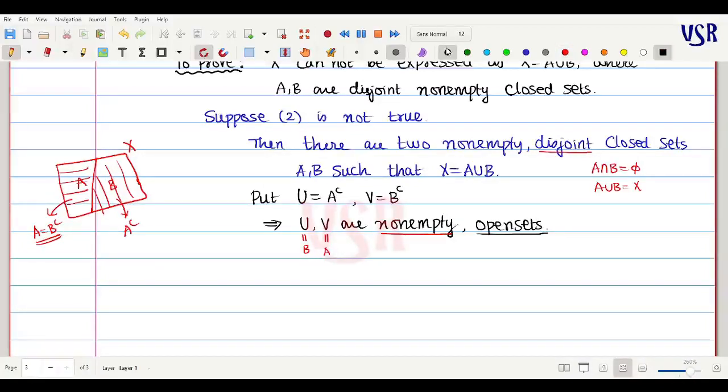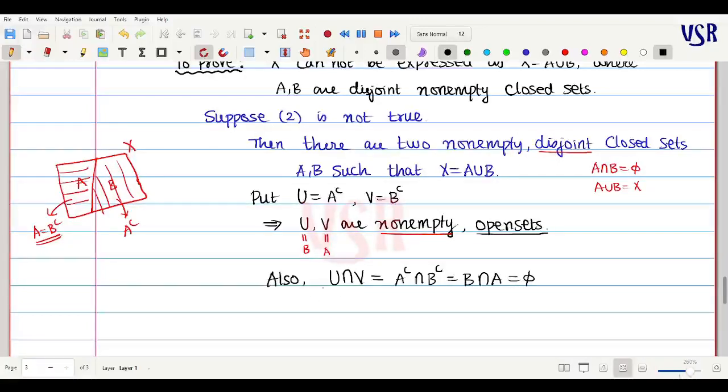Okay, and let us see what else we will have. U intersection V: U is A complement and V is B complement, so A complement intersection B complement equals B intersection A, which is equal to empty.